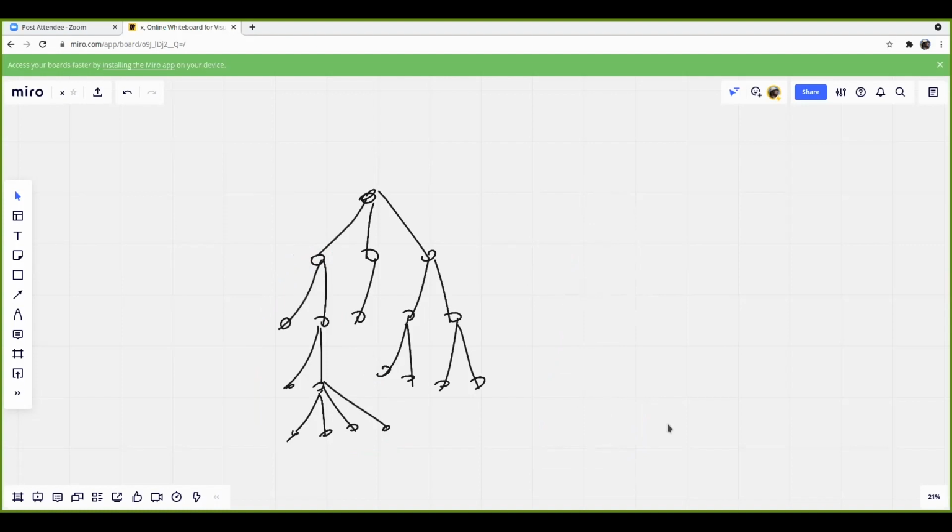For each vertex, you give it a number as soon as we discover it, as soon as we start processing it. 0, 1, 2. Now this one is discovered 3, 4, 5, 6, 7, 8, 9, 10, 11, 12, 13, 14, 15, 16, 17.